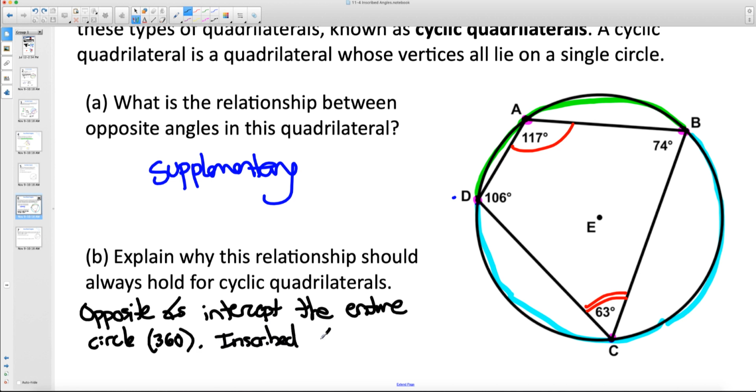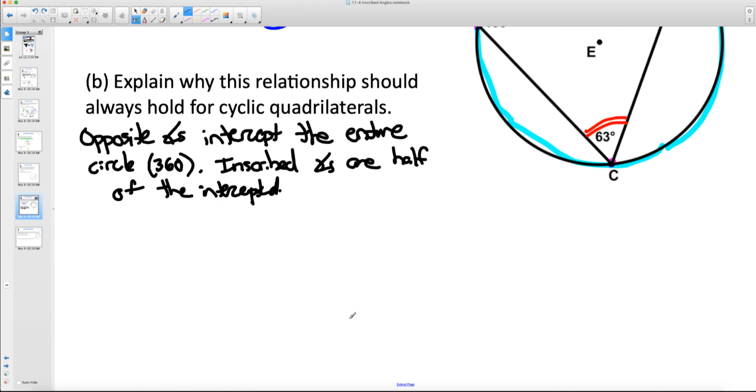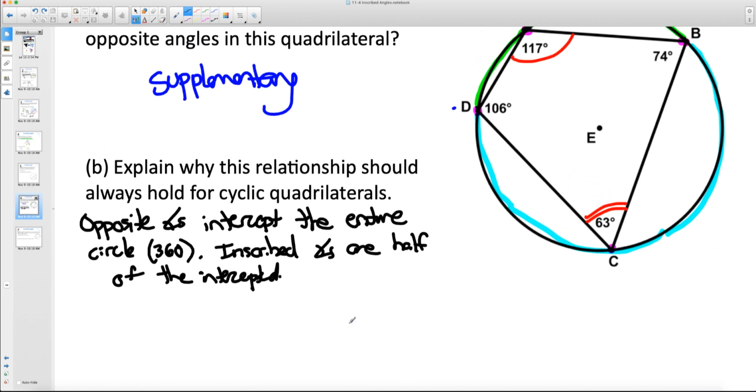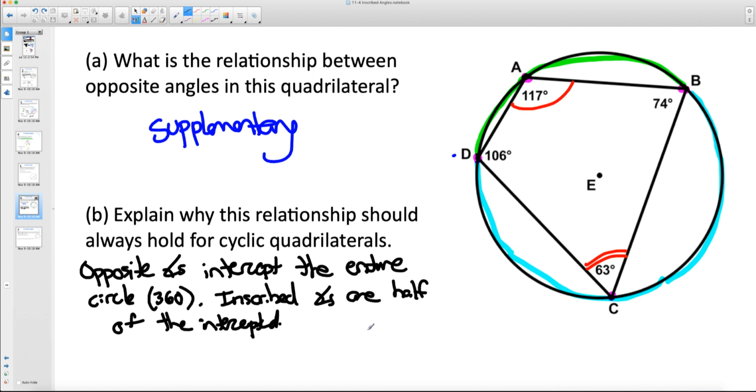Inscribed angles are half of the intercepted arc. So that's going to be half of 360, which is going to give you the 180 degrees. So these opposite angles are going to intercept the entire circle. We could see angle A intercepts the blue arc. Angle C intercepts the green arc. That winds up being the entire circle. So half of 360 is 180.